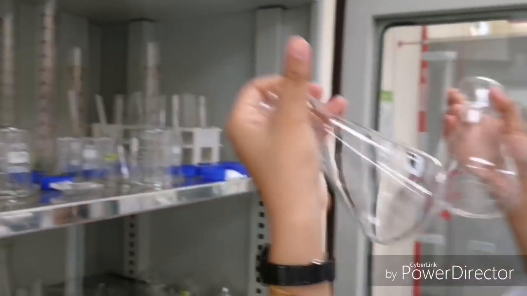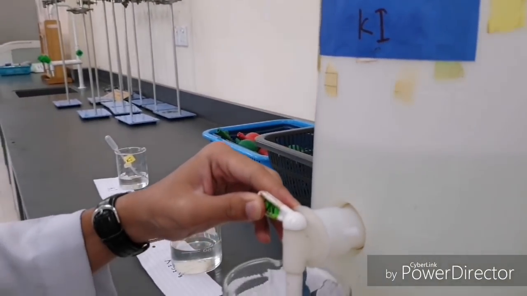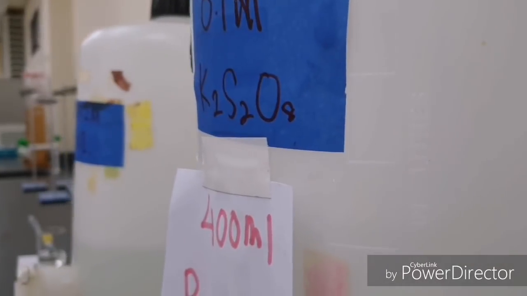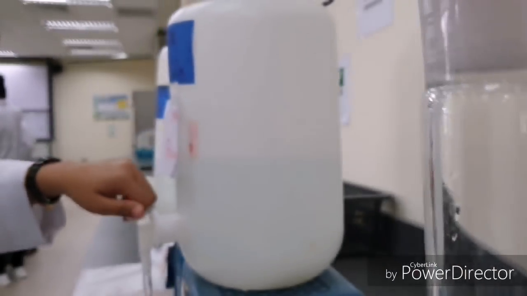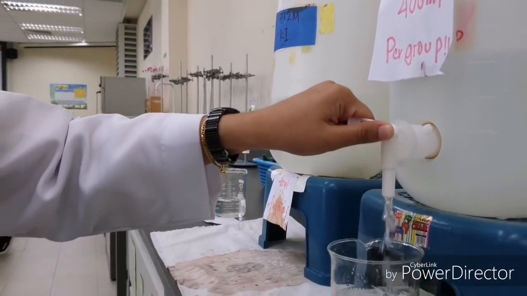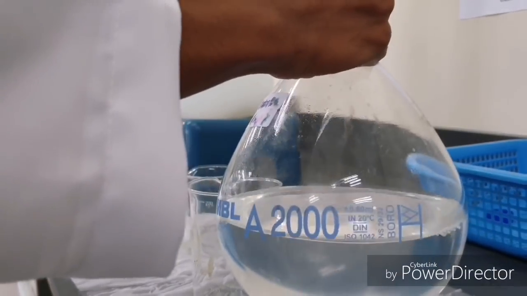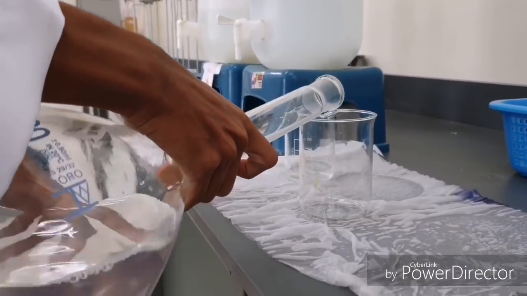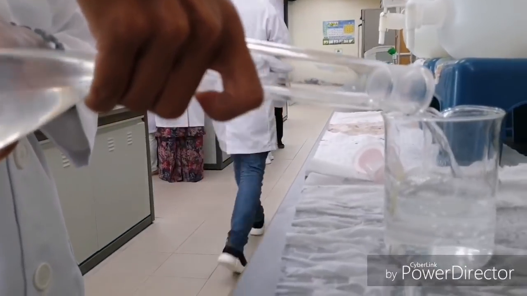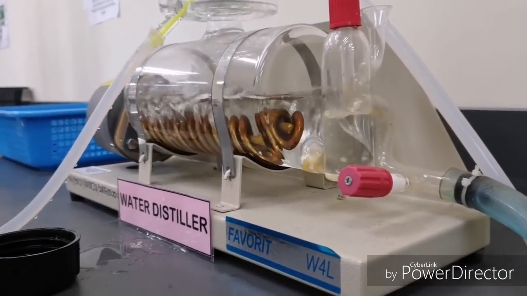The apparatus we used were beakers, a 250 ml conical flask, measuring cylinders and a stopwatch. The chemicals we used were 0.2 mol potassium iodide solution, 0.1 mol potassium peroxide sulfate solution, and 0.05 mol sodium thiosulfate solution. In addition, we also used distilled water.